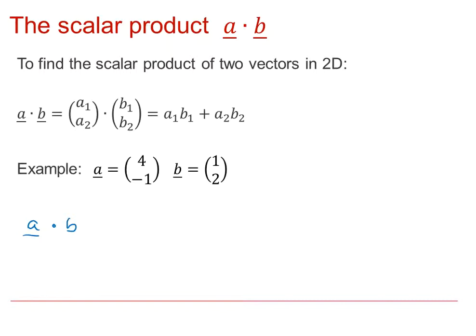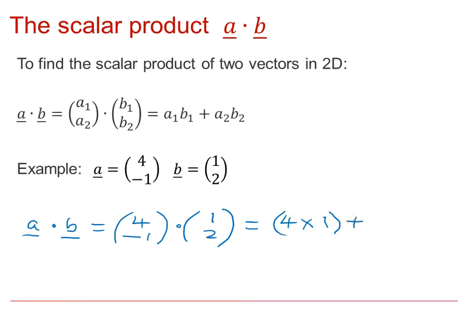Therefore, A dot B we would write as (4, -1) dot (1, 2), and that would equal 4 times 1, and I'll put brackets round to make that clearer, plus -1 times 2. As usual, you need to be really careful with signs. And that would give us a scalar product, in other words, just one number, a constant, of an answer of 2.